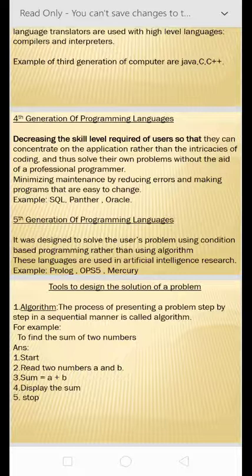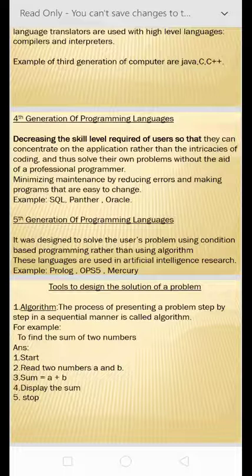The major fields in the fifth generation programming languages are artificial intelligence and artificial neural networks. These languages can be used to query the database in a fast and efficient manner. In this generation of languages, the user can communicate with the computer system in a simple and easy manner. The examples of fifth generation computer languages are Prolog, Mercury, etc.